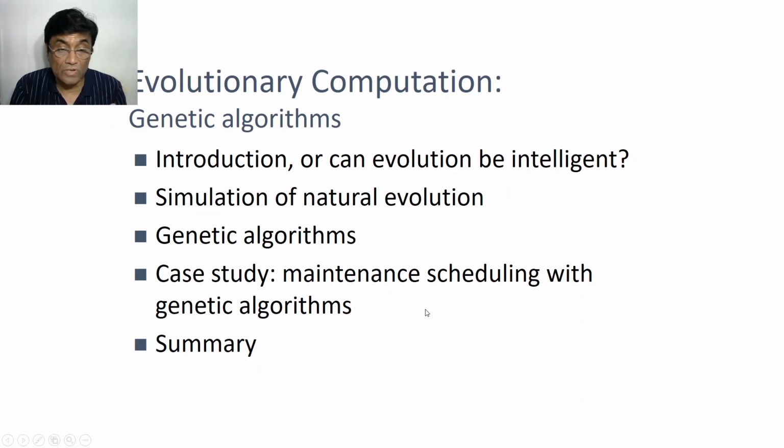Some maintenance scheduling problems are so complicated that they cannot be optimized using conventional methods, and you will see how beautifully we can crank out solutions for those complicated problems using genetic algorithm.